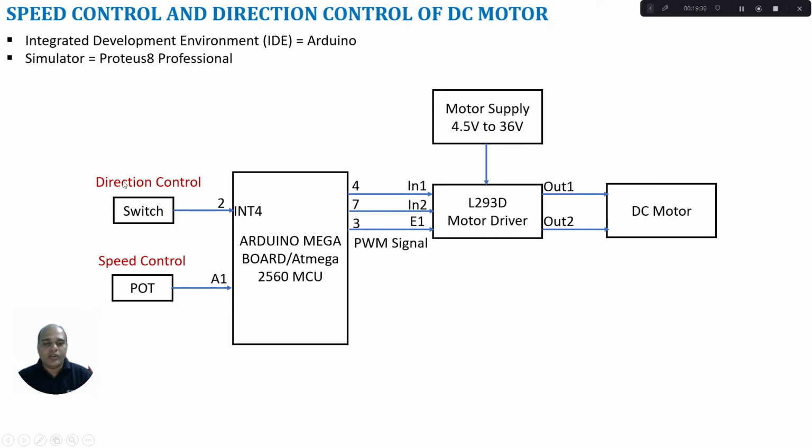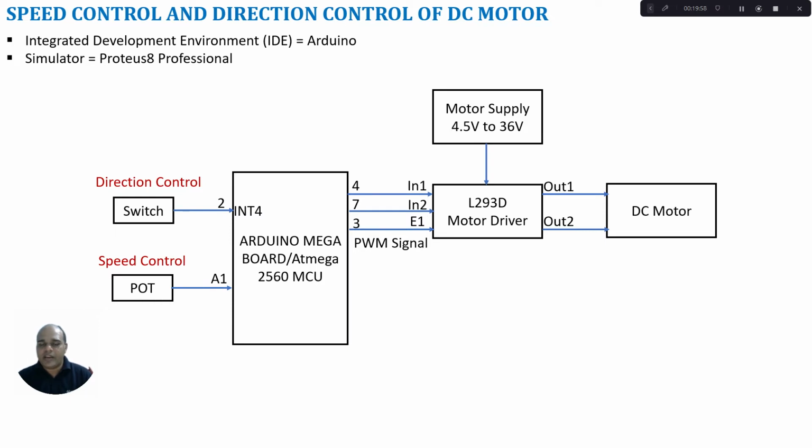Then we are going to use a switch connected to the interrupt pin of the Arduino Mega Board. Here I am going to use INT4 for connecting my switch. Whenever we press the switch, it goes into the corresponding ISR. In the ISR, we change the direction of rotation, so there is a change in the rotation direction whenever the switch is pressed.